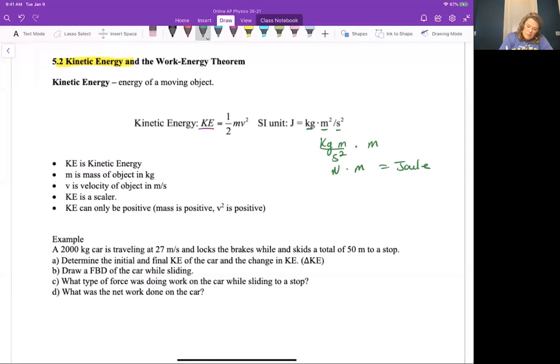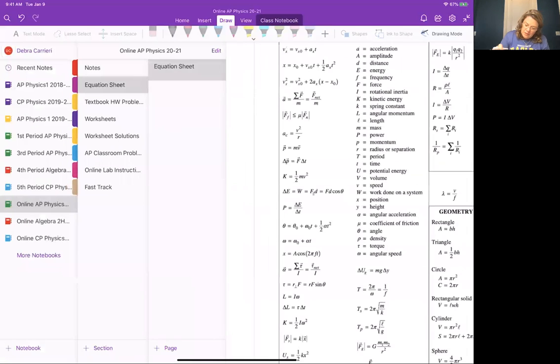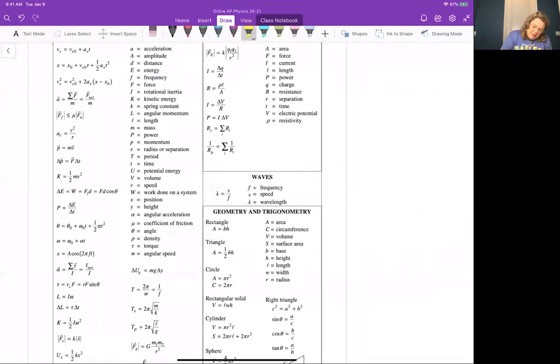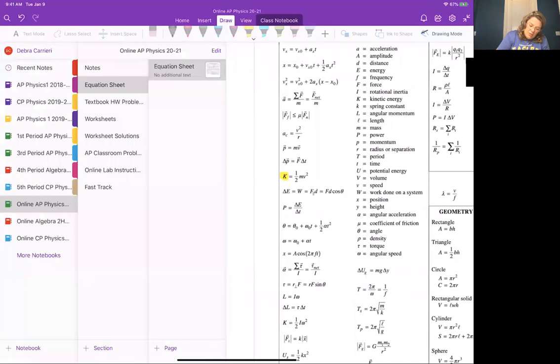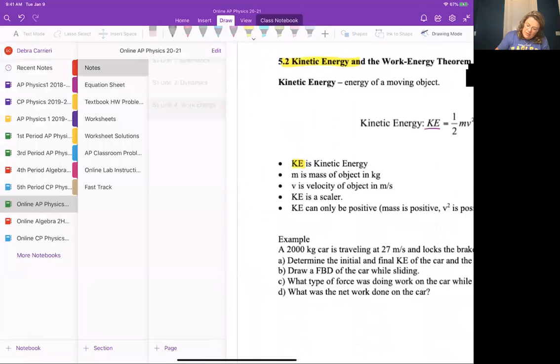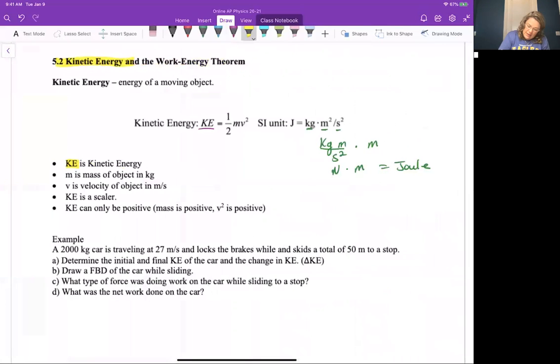Okay, all right. So that is our units of kinetic energy, 1/2 mv squared. So continuing on, kinetic energy, symbol Ke. Actually, they have it on the green sheet, our equation sheet. Actually, they don't have Ke, they have K. So on the equation sheet, which you will have, K equals 1/2 mv squared.